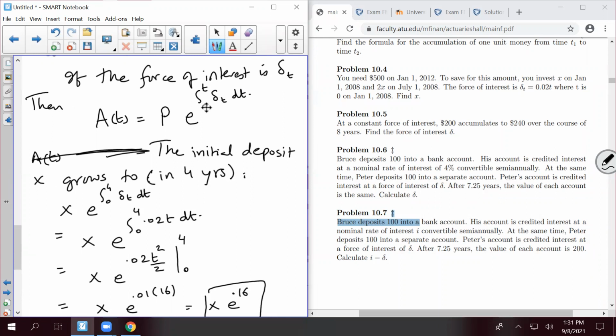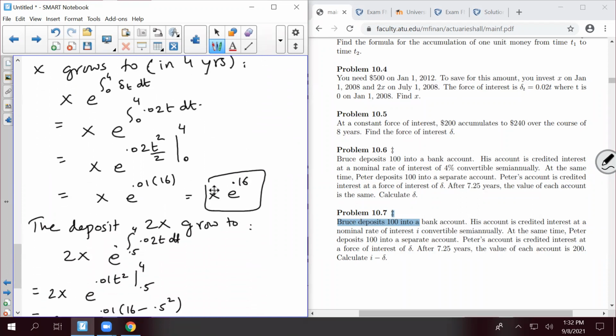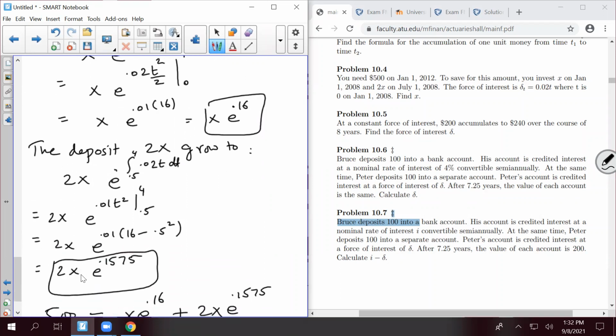Right. My question is from the notation, A parenthesis t. So you put the t as being 4 or 0.4? Yeah, so the A of t is the amount at time t. So this is the formula for amount at time t. So right now, this one is what X grows to at time 4. And this one is what 2X grows to at time 4.